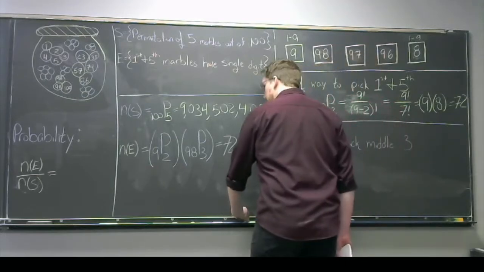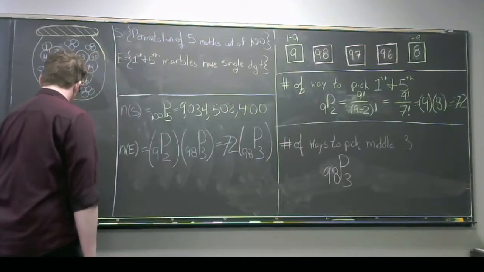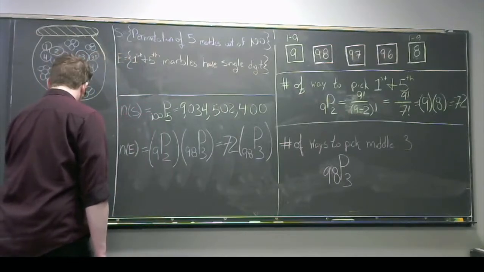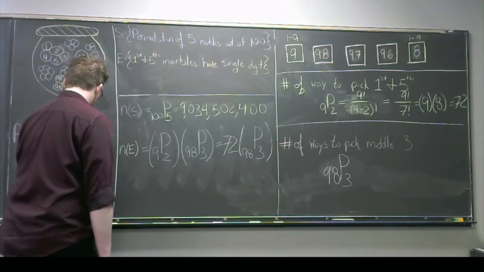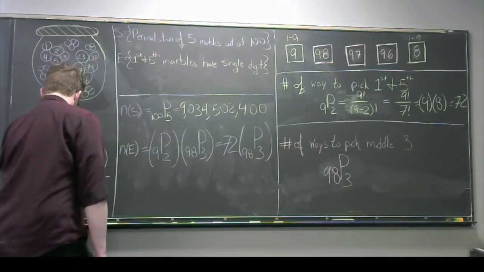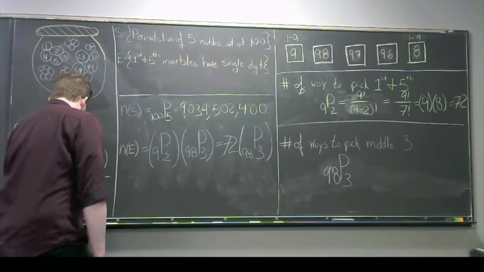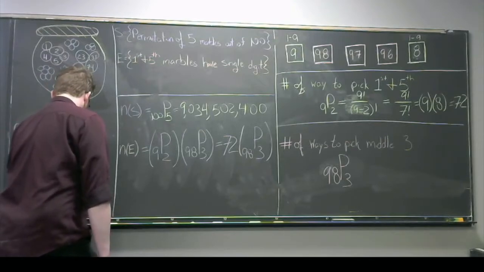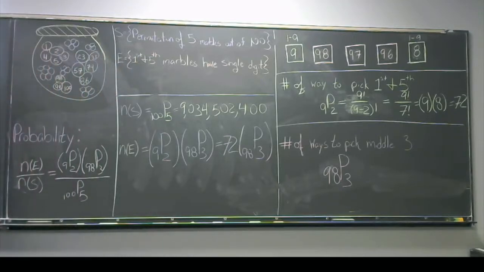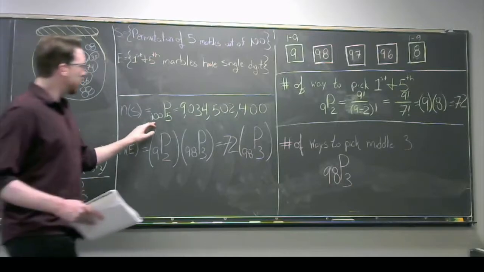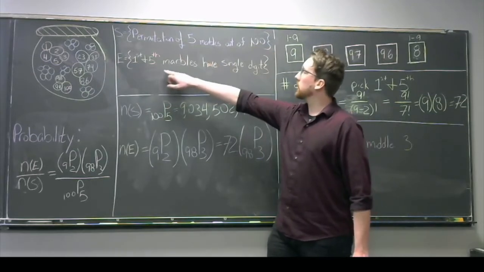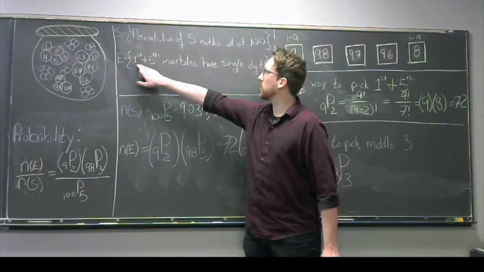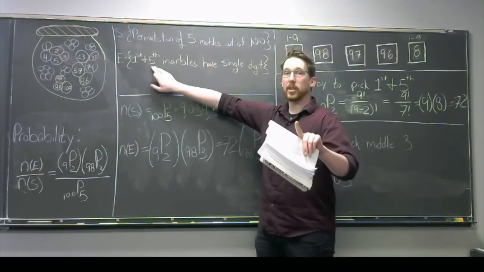So, writing that all out, what we've got is the probability of picking 5 marbles such that the first marble has a single digit on it, and the last marble has a single digit on it.